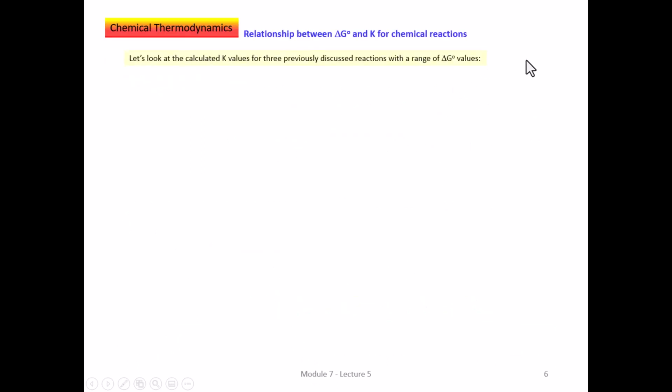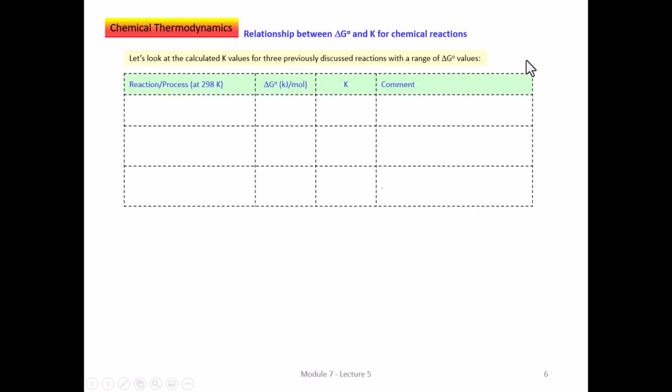Let's look at the calculated equilibrium constant values for three previously discussed reactions that have a range of standard delta G values. Remember our explosively spontaneous reaction of hydrogen with oxygen to give water. Then there's our decomposition of solid N2O5, and finally our reaction of nitrogen and oxygen to give NO2.